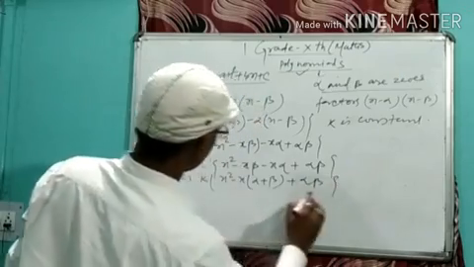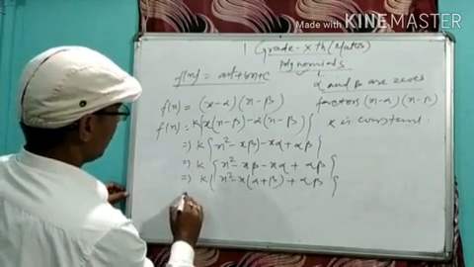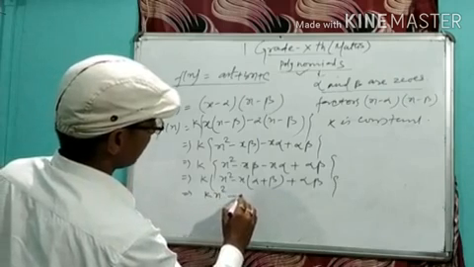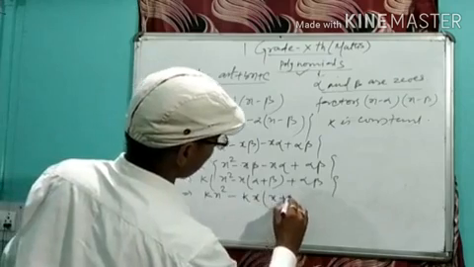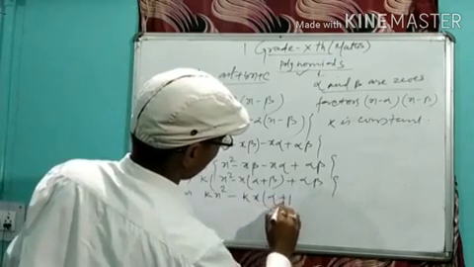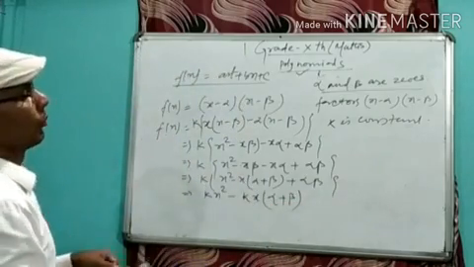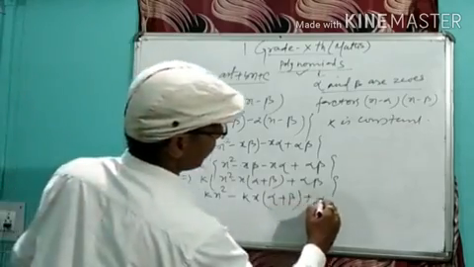By separation, x square, taking x common, alpha plus beta will be by taking common. Suppose k x square minus k times alpha plus beta times x, plus k alpha beta. Here alpha and beta are the zeros of the quadratic polynomial, and this is alpha into beta.